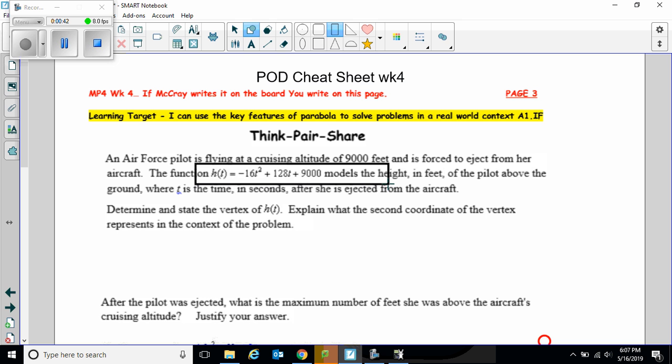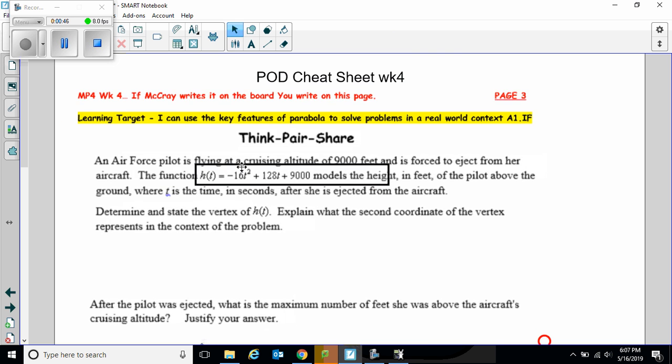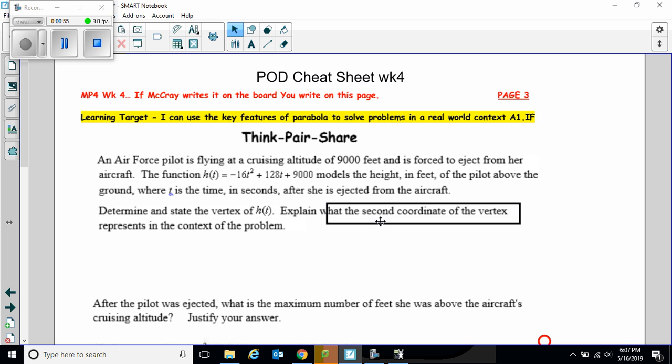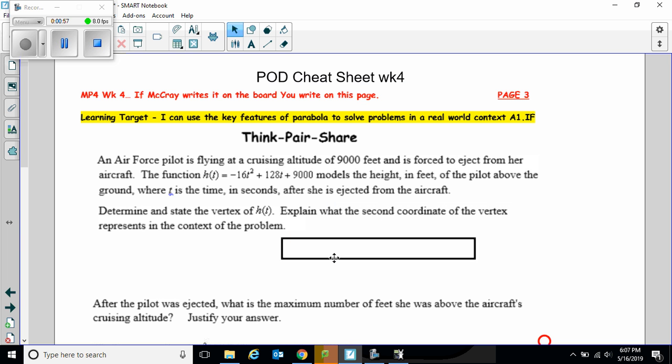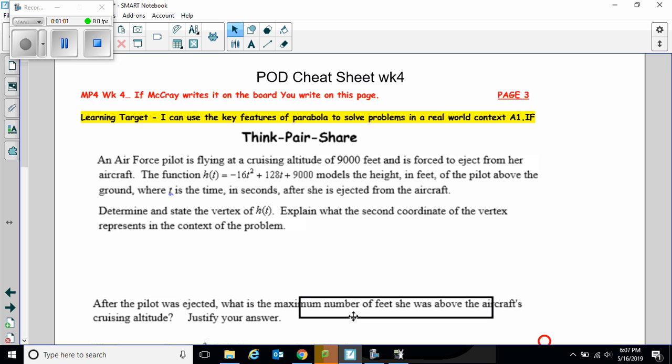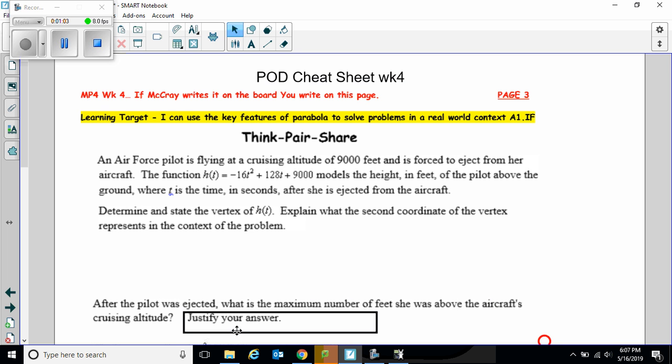All right. Now the question: A, what is the vertex? And explain what the second coordinate of the vertex means. And B, the maximum number of feet above the aircraft's cruising altitude, and justify the answer.